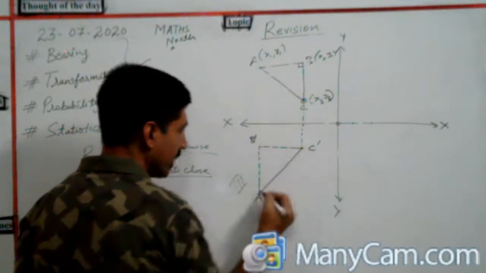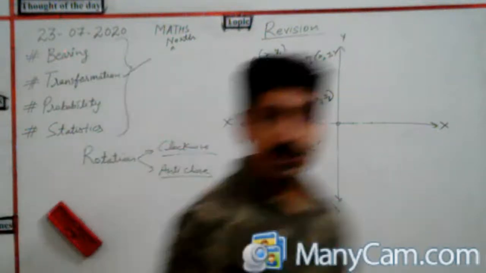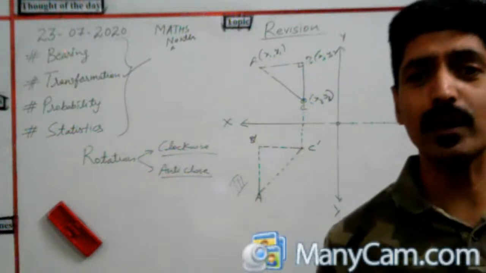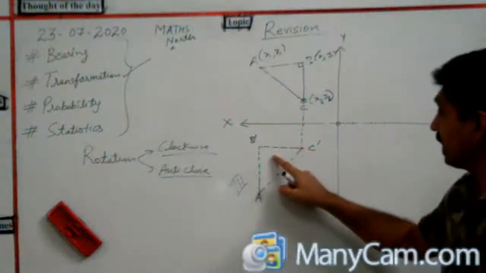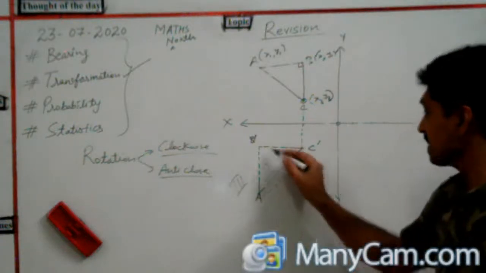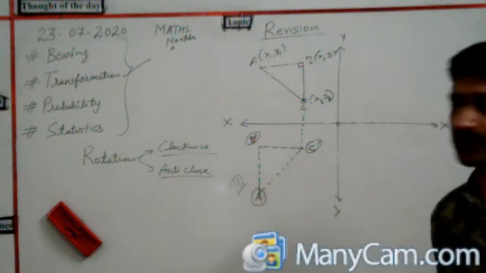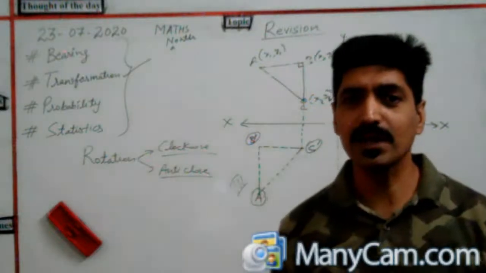So after going for the rotation of 90-degree anti-clockwise, we have the new triangle, that is A dash, B dash, C dash, and these are the vertices of this triangle. Okay, so in this way you can go for the transformation.